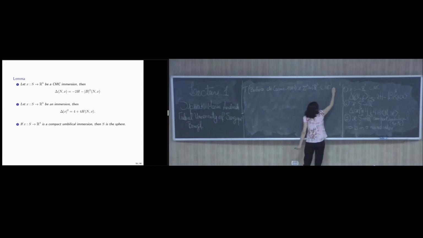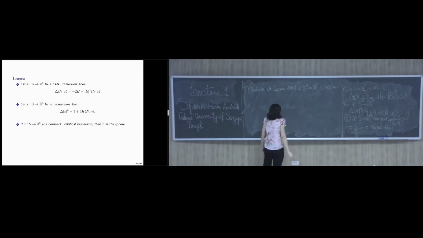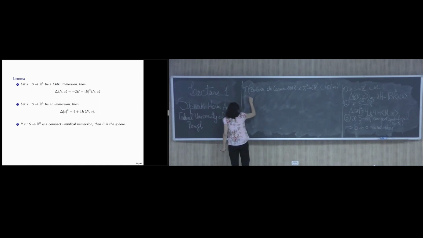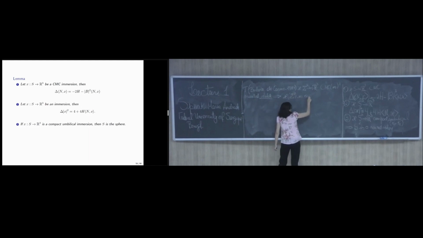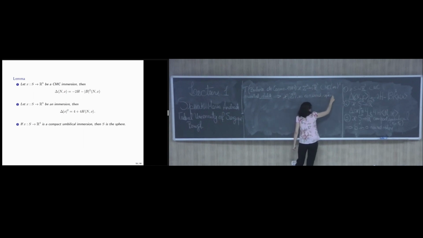When I say CMC, it is a diffeomorphism of 0 and orientable, stable. Very important. Then what did they prove? They proved that it is a round sphere. Okay, let's prove that.